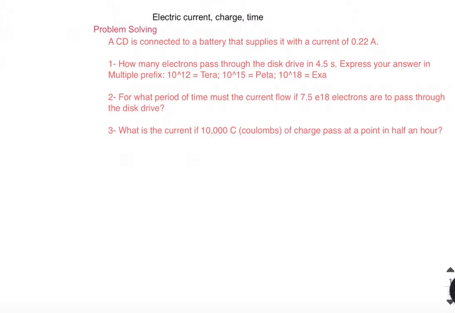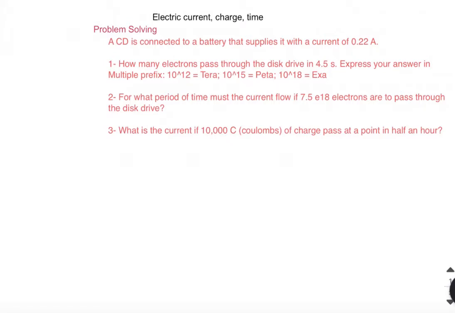And from here, we can deduce that N, the number of electrons, equals I multiplied by the time divided by the charge of the electron. This is the equation we're going to use to solve the problem. I is given, t is given, e is the charge of an electron, and you just apply all of this, then we can get the answer.